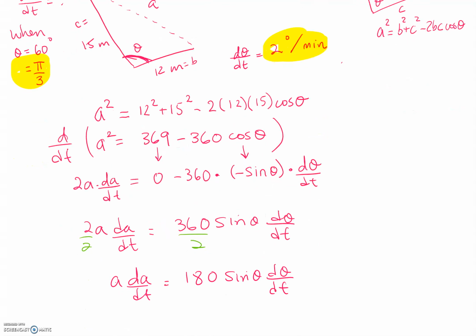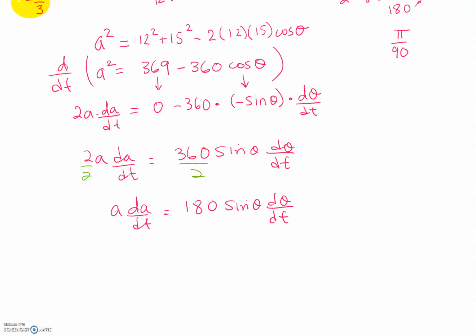Pi radians is equivalent to 180 degrees, so 2 degrees is going to be pi over 90 radians for d theta dt. So now that's just a real number.